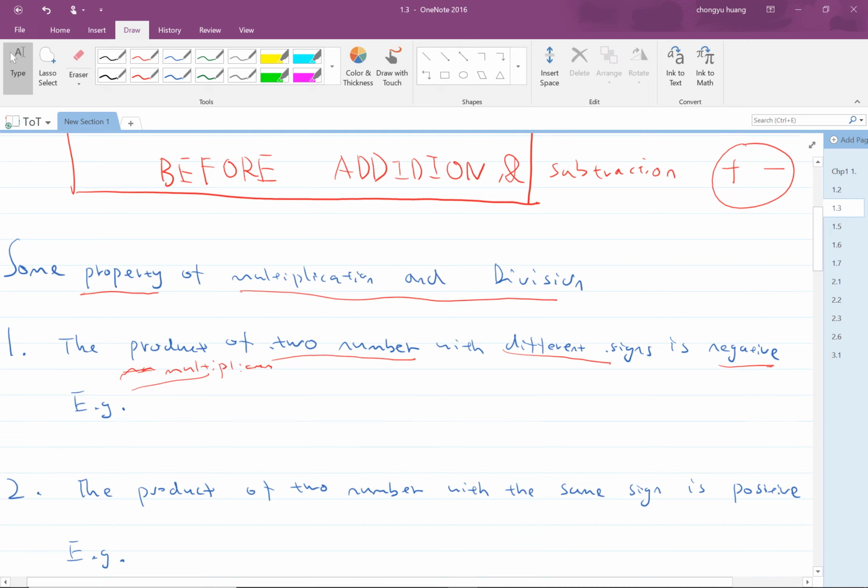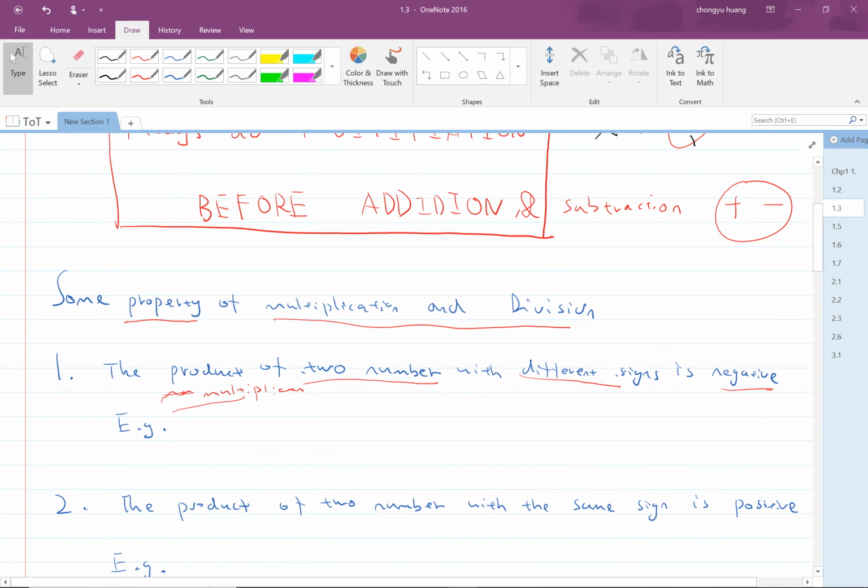Let me give you an example. You have a number A and a negative A, so it's always going to be negative. You multiply a positive number by a negative number, so it's going to be a negative number.